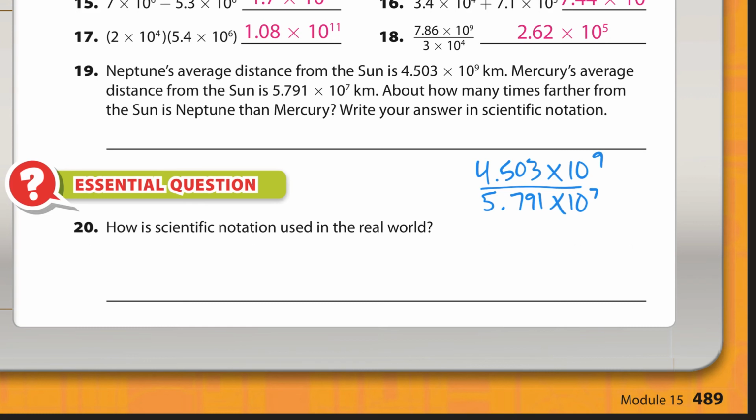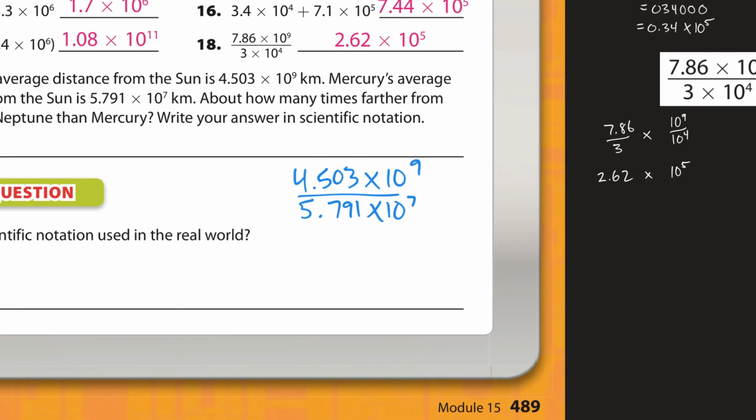Well, I think I'm going to do something a little sneaky here because I realize I'm going to run into a problem if I do this divided by this. It's going to end up with a number less than 1. Well, what I could do, no, I could do that. So I have 4.503 divided by 5.791.